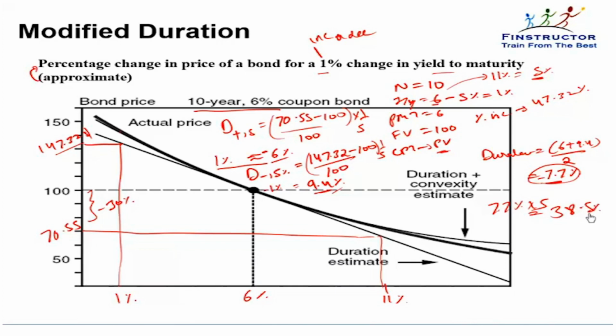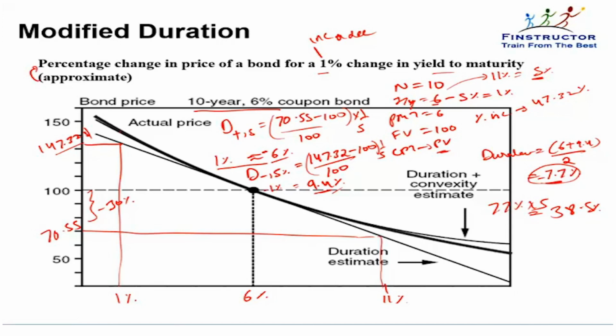So calculating the change in the price by just using the duration is called the duration estimate. Duration estimate is incorrect because duration calculation itself was incorrect. The change in the price was not exactly 7.7% in any case.